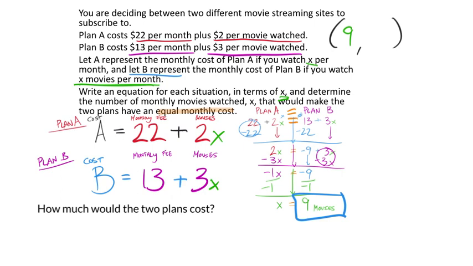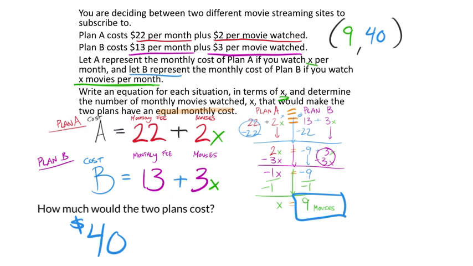So you could have used A or B. I'm going to skip the math on this, but 18 plus 22, 40. So if you watch 9 movies, plan A is going to cost exactly the same as plan B. I got 40 of this one. 3 times 9 is 27 plus 13. Yeah, $40. So you could have gotten the ordered pair 9, 40.